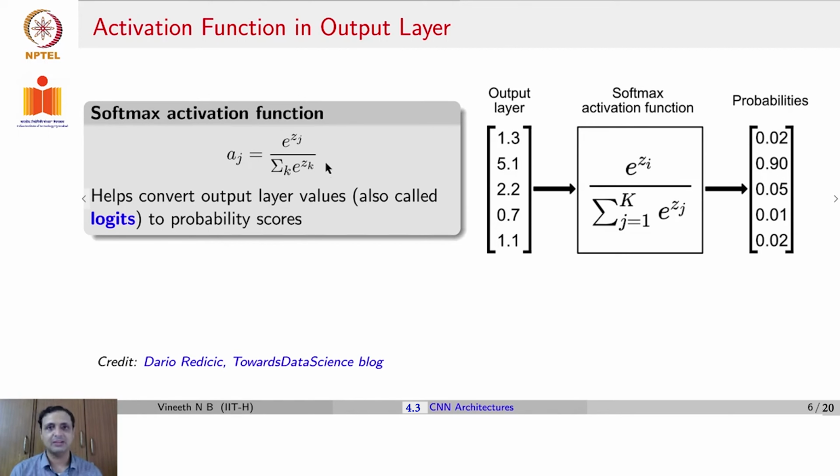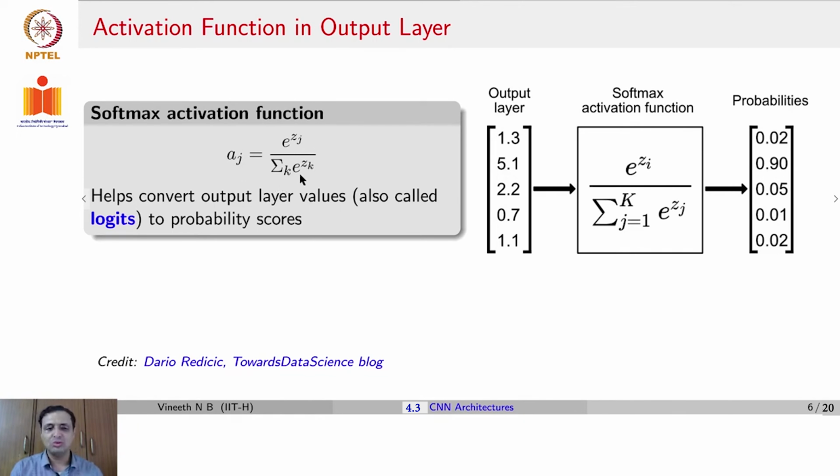What is the softmax activation function? Given Z1 to Zc in the last layer, let's say they are all the outputs of the C neurons in the last layer, the final output of the network is given by e power Zj divided by summation over all the output neurons e power Zk.